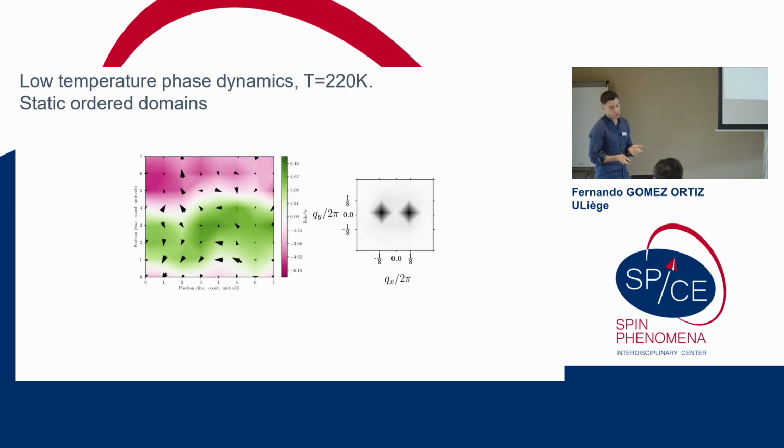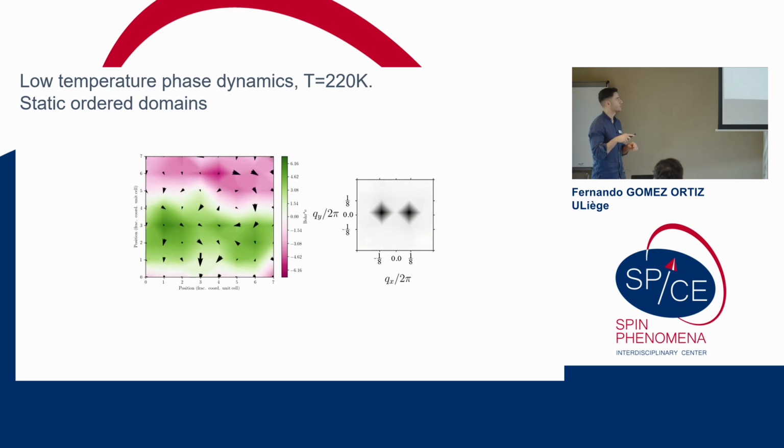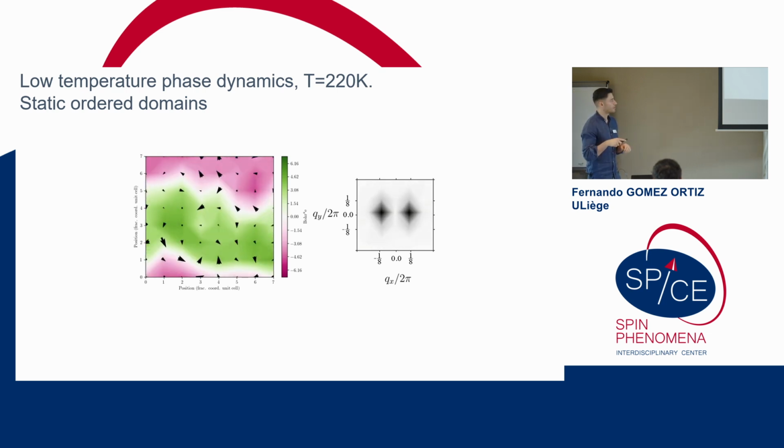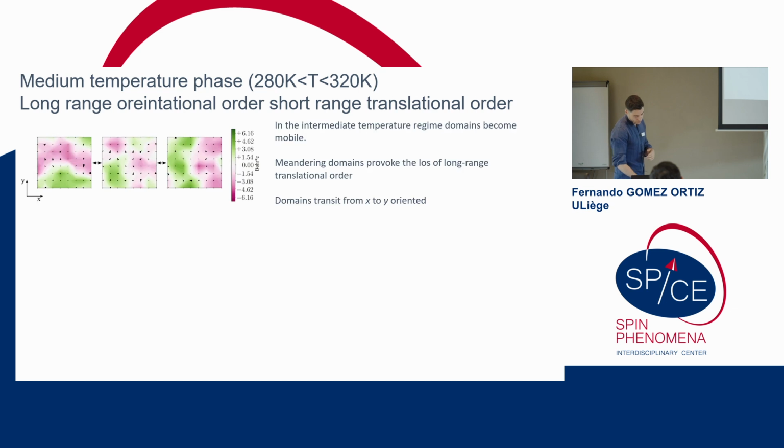In this molecular dynamics at a reasonably low temperature, we can see that the domains are ordered all the time, and the instantaneous structure factor is the same as the global one, because nothing is changing essentially. However, when we heat this up, we can see that the domains start to show dynamics.